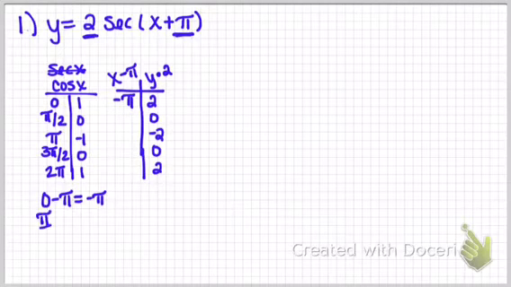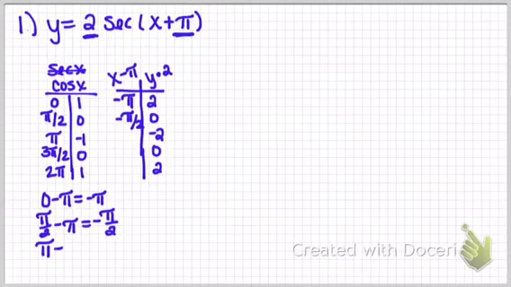Then we're going to have pi over 2 minus pi. Now remember, if you need to use your calculator, just take the pi out. So it would be 1 over 2 minus 1. It's going to give a negative 1/2, and put pi back in. So we got negative pi over 2. Then we got pi minus pi, which is 0.